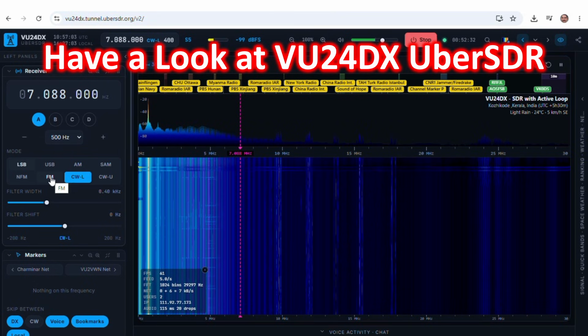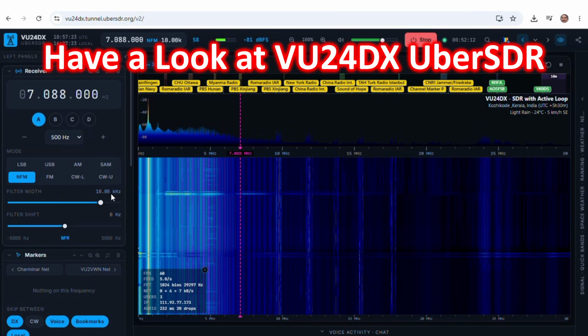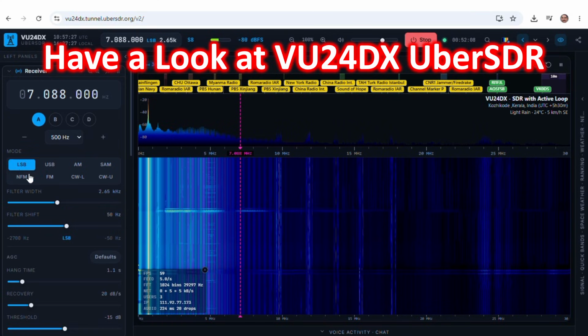But in RTL SDR, if I put for broadcast stations, regular FM, the bandwidth will be 200 kilohertz, not 25. I don't know what it is like in this. Let me see what happens if I put it. It's only 16 kilohertz here. 10 kilohertz for narrow band. I'm back on lower side band.